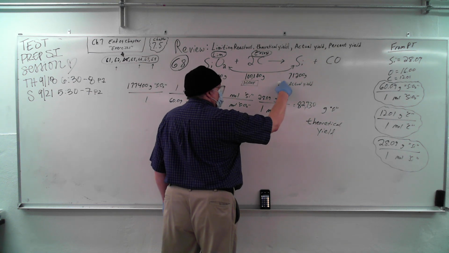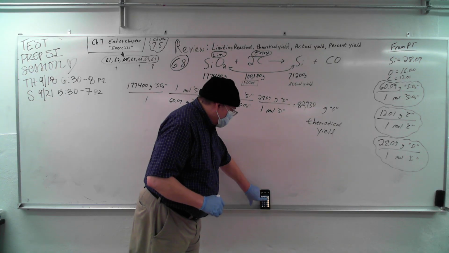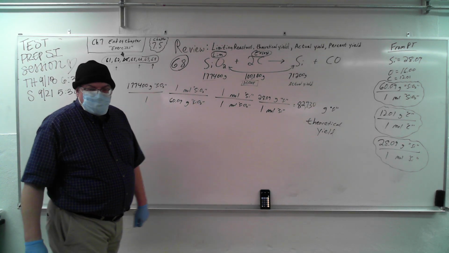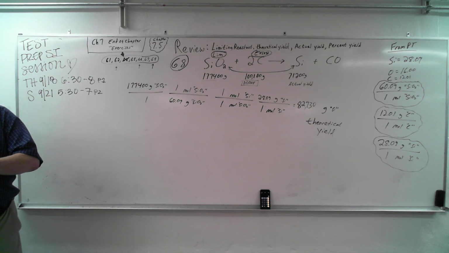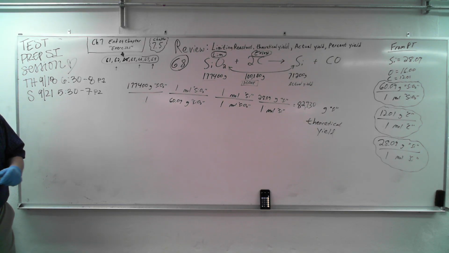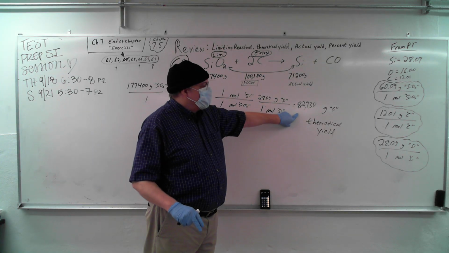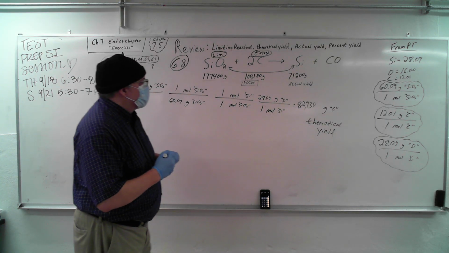But this is the actual yield you got, 71,200. And like I said, that's typical to not quite get all of it. Most of the experiments we do in here can usually be closer to like 97, 95, 99. Some of these industrial processes are not quite as clean. So we've got the theoretical yield. That's our theoretical yield, 82,930 grams of silicon.